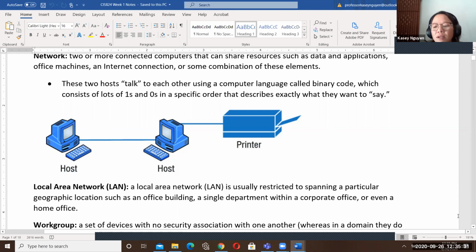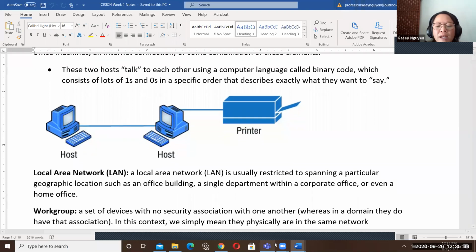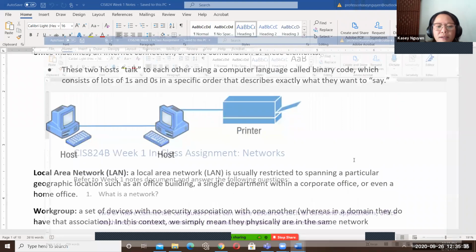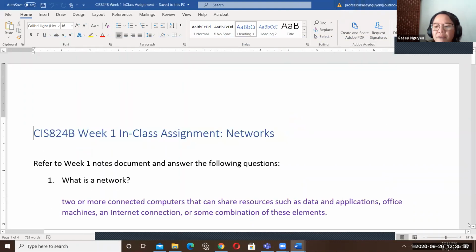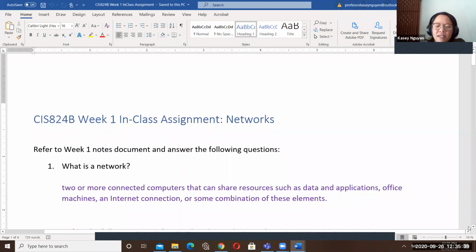So in a network, we would have two or more connected systems that can share resources, such as data, applications, equipment like printers, copiers, external drives, storage, sometimes an internet connection.